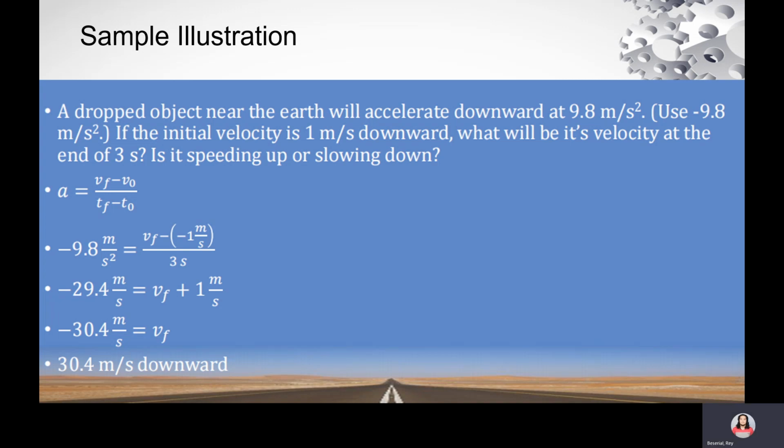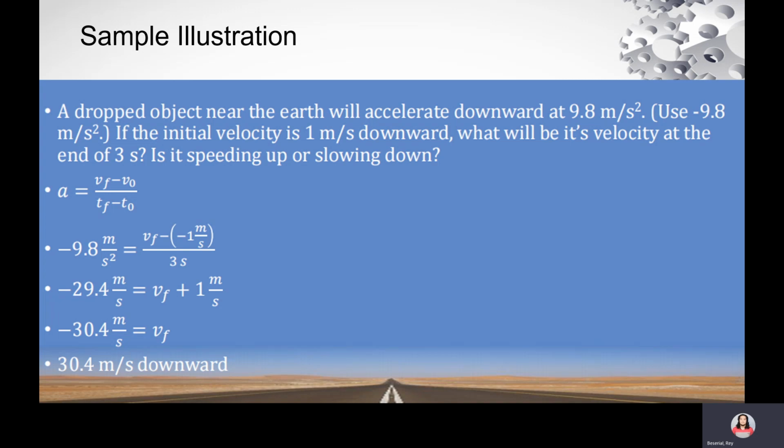So, final velocity minus initial velocity over final time minus initial time. So, substitute natin yung mga values since ang ating acceleration given, ang ating acceleration is negative 9.8 meter per second squared. Bakit? Dahil dito sa word na to, downward. So, kumbaga, downward siya towards negative value.